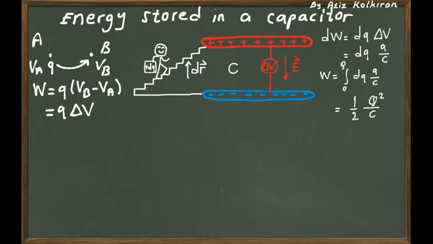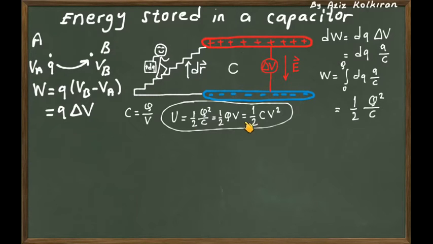So you can always express the electrostatic energy of a capacitor in terms of its charge Q and its capacitance, C. But there is always this relation between C, Q, and V. If you want to express this energy in terms of only the potential difference and C, or in terms of C and Q, or Q and V, whatever, you have these three different expressions for the total energy.